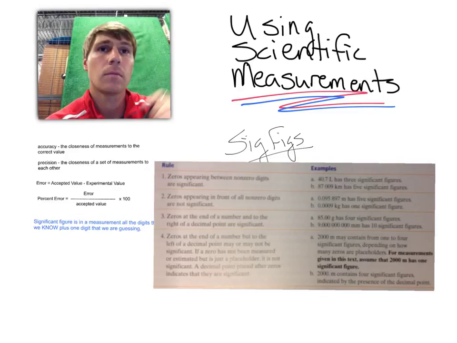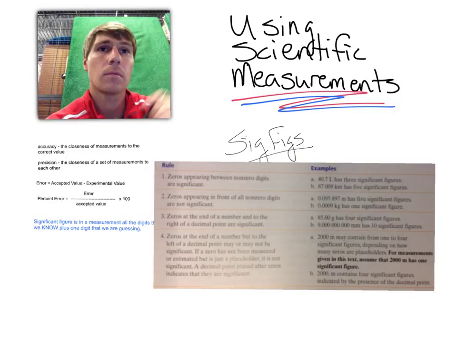And then the same thing here, 87,009 kilometers. Again, those mean that we have exactly 87,009. Those zeros are important. The second rule here is that zeros that are before every other digit, those aren't significant. Okay, that just tells us an order of magnitude. It's not necessarily telling us what's going on with that. Okay, it's just moving that number left or right.